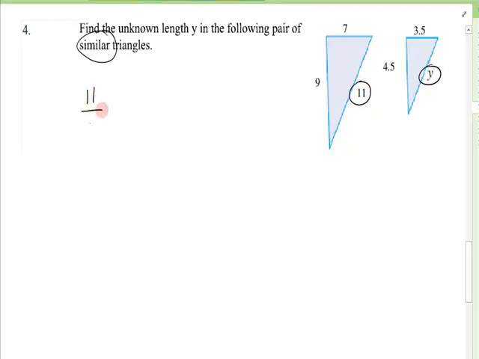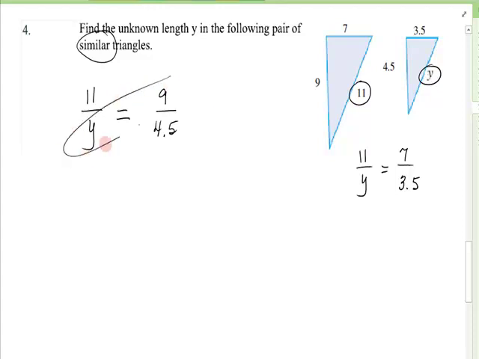So I'm going to say 11 is to y as you have a choice. You can say 9 is to 4.5, or you could have said 11 is to y as 7 is to 3.5. They gave us more information than we needed. So you could set up this proportion, or you could have set up this proportion. You had to include the 11 is to y.